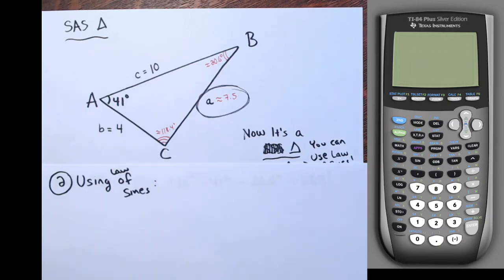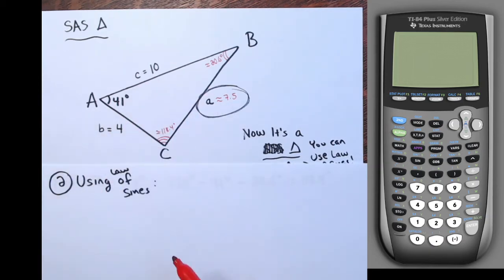Because when you're solving for an angle measure in the law of sines and you take an inverse sine, the highest that can be is 90 degrees. Remember, the range of inverse sine was negative pi over 2 to pi over 2, or negative 90 degrees to 90 degrees.